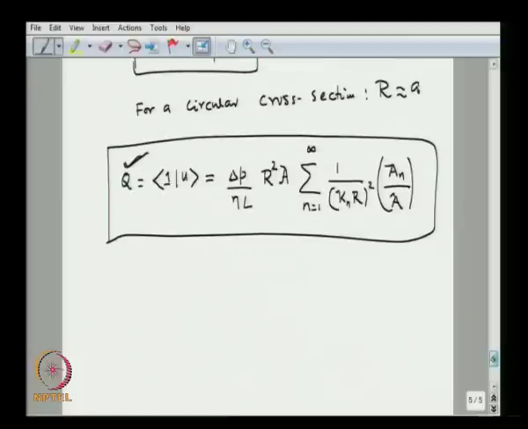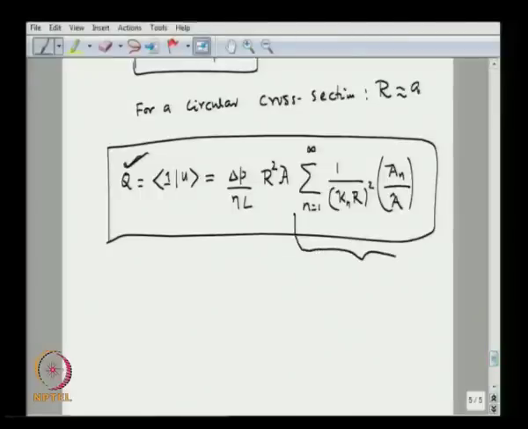So, this is how you can non-dimensionalize the terms inside the summation to obtain an expression for the flow rate. For most of the micro scale flow situations, it has been found that the numerical value of the terms inside the summation is approximately equal to 1 over 8, whereas for a circular cross section the value is exactly equal to 1 over 8.